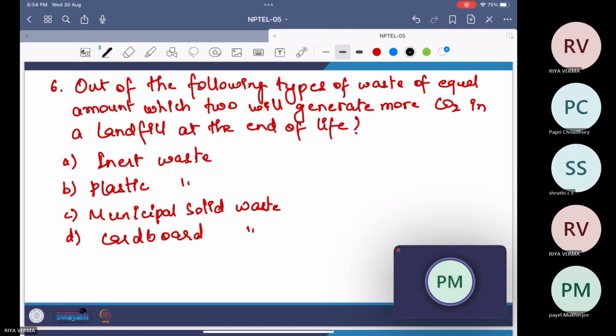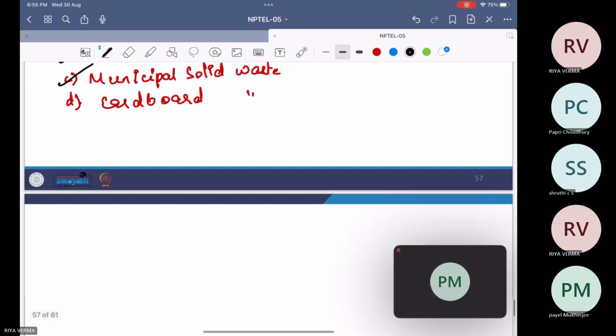Don't you think that plastic will generate more CO2 than cardboard? Yes, ma'am. So this would be your plastic and the municipal solid waste.